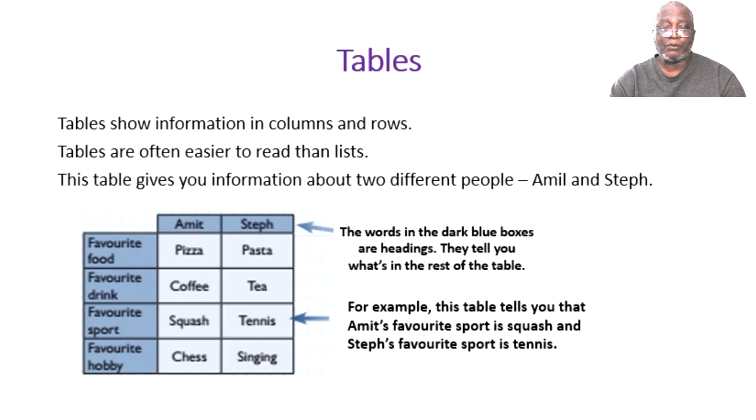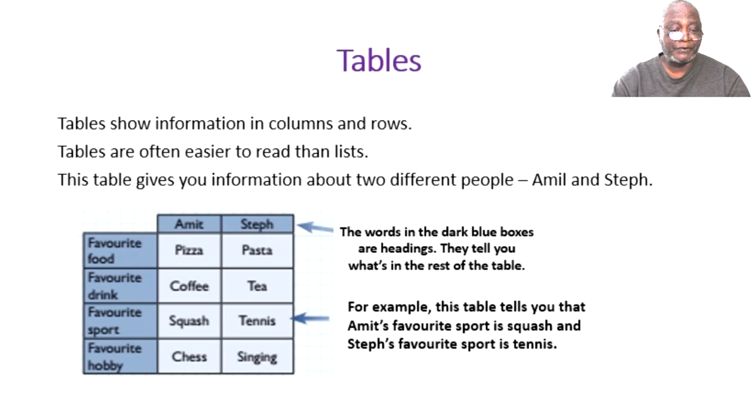As you can see here, the words in the dark blue boxes are headings, column headings. In this case, you have Amit and Steph. That's two people's names. They tell you what the rest of the table contains. In this case, you have their favorite food, which is on the left column.